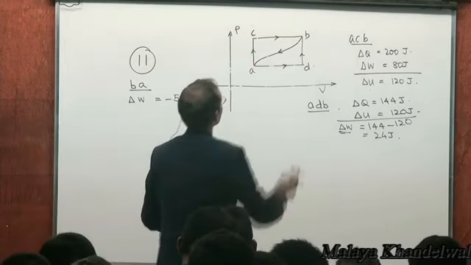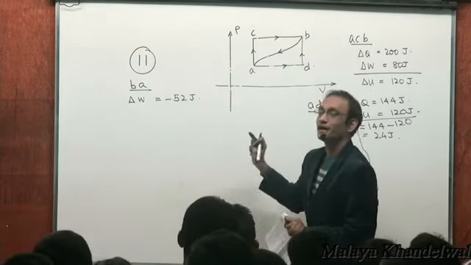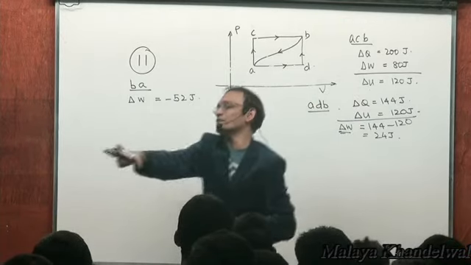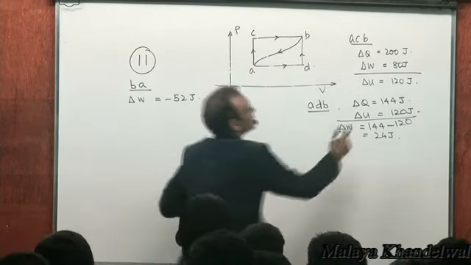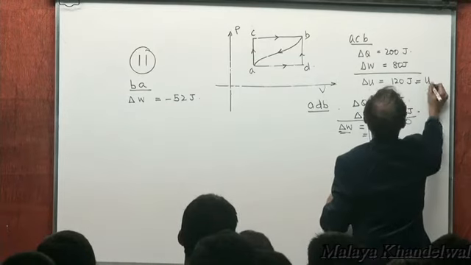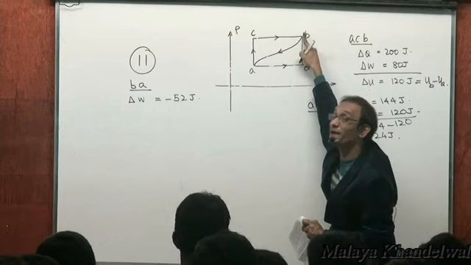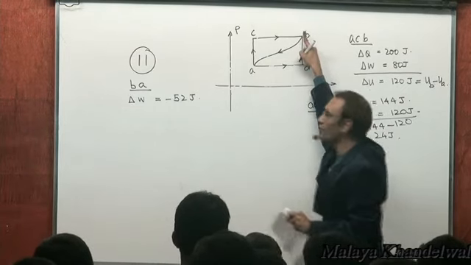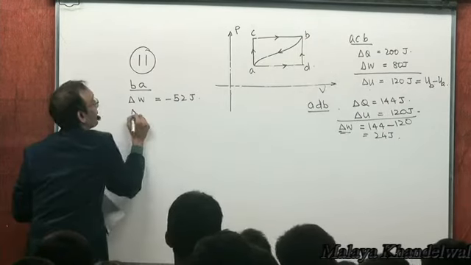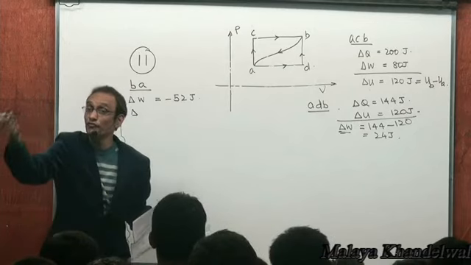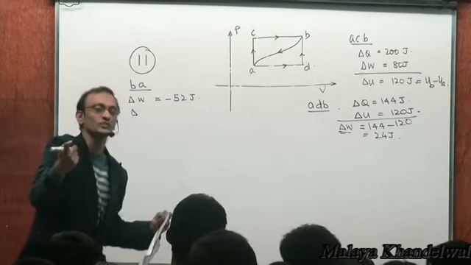Now what's the change in internal energy? Minus 120, absolutely. See, UB minus UA is 120. So UA minus UB would be minus 120. Very good. Delta U from A to B would be 120. Therefore, from B to A, it's going to be minus 120.